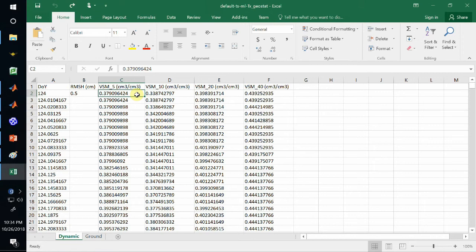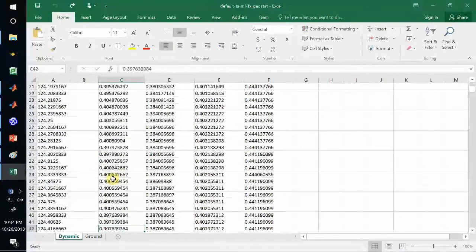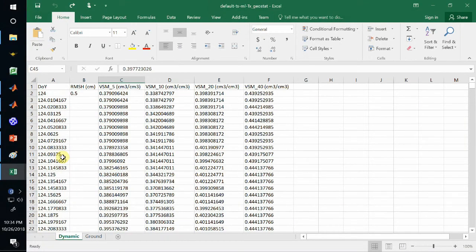So this is 37% volumetric soil moisture in this column right here, 33% here. And as time changes, so do these values. So that's it for the dynamic sheet. In this case, you have your time value, the RMS height, and the values of your volumetric soil moisture.